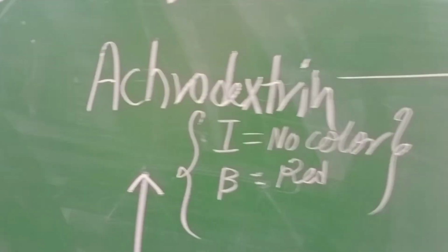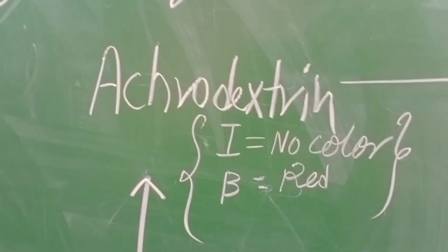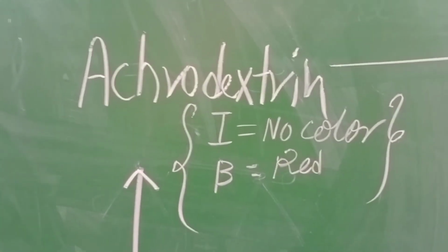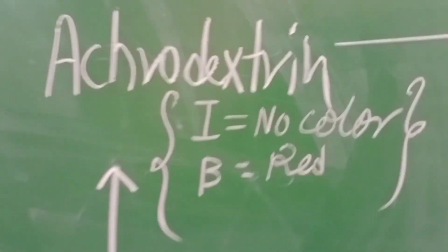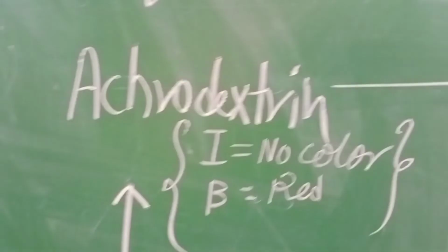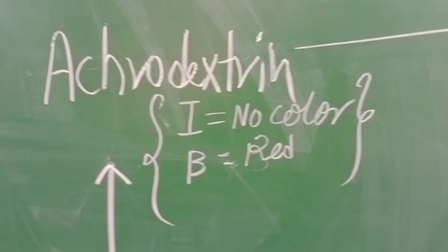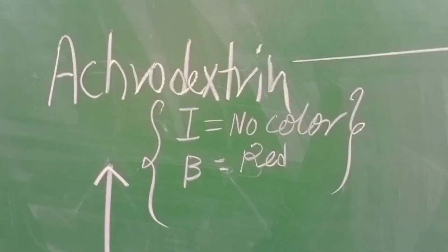So acrodextrin can be confirmed, as the process of hydrolysis is now converting from polysaccharide, and the reaction is now moving towards the disaccharide. During this process, we can see that the iodine is giving no color with the acrodextrin, however we are getting a red color with the Benedict.